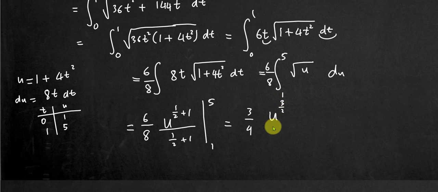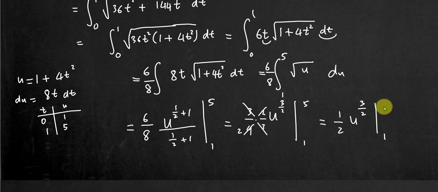Alright, 3/2. And then dividing by 3/2 is the same thing as multiplying by 2 over 3. And evaluate the answer from 1 to 5. And I know that 3 and 3 here can cancel out. And then 2 and 4 can cancel out, giving me 2 down here. So I have 1 over 2. And then u to the 3/2. And it's going from 1 to 5.